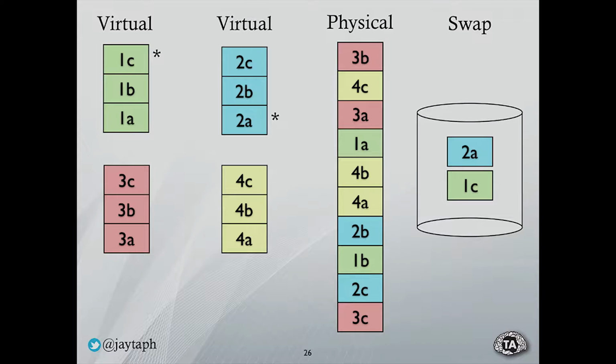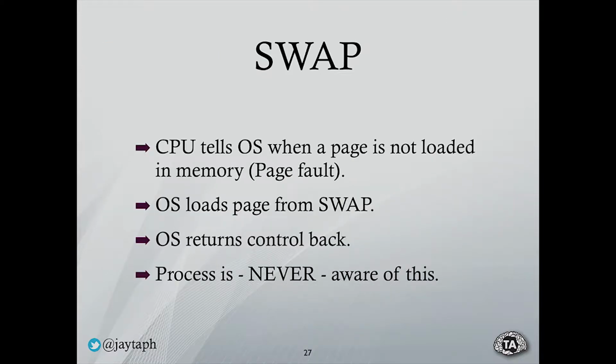So what happens now is that the CPU tells the operating system, listen, you want to access a block of physical memory which is swapped out, and the operating system will take a look, where did I put that block, and place it in memory. The operating system returns control back to the CPU, and the CPU can continue as it was before.